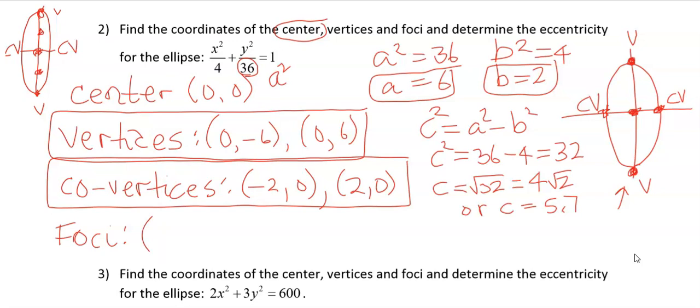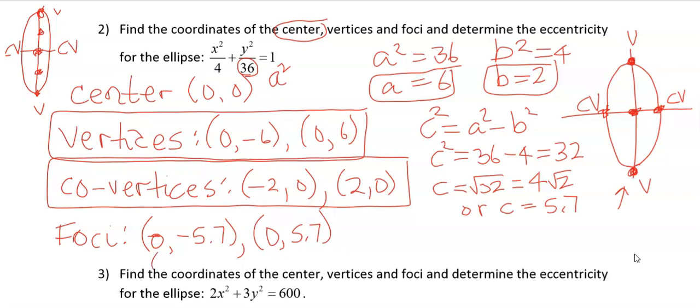If you go down 5.7 blocks from the origin, you're going to have 0, comma, minus 5.7. If you go up, you're going to have 0 and positive 5.7. All right, so that would be your two foci in this case.